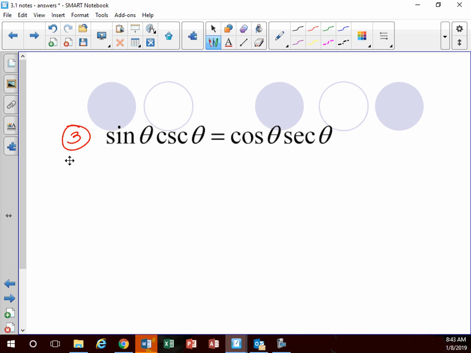No cheating. This is one where you might want to work on both sides. You still can't cross over, but you can simplify on both sides.